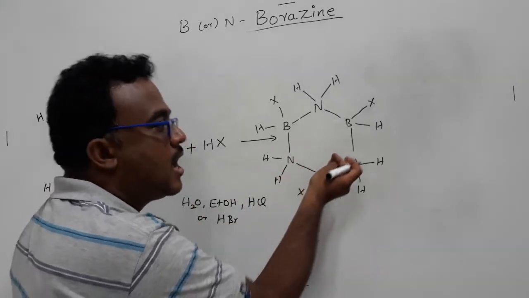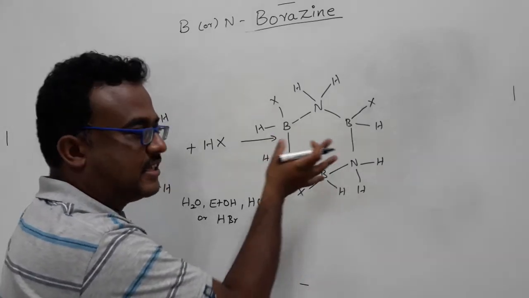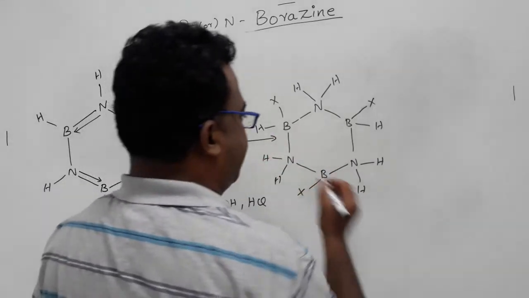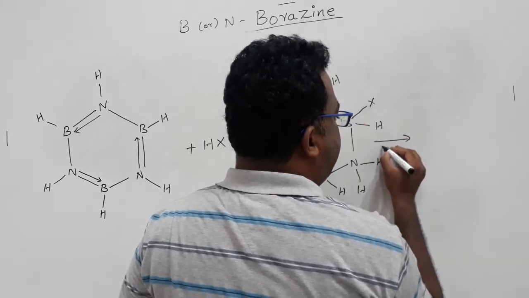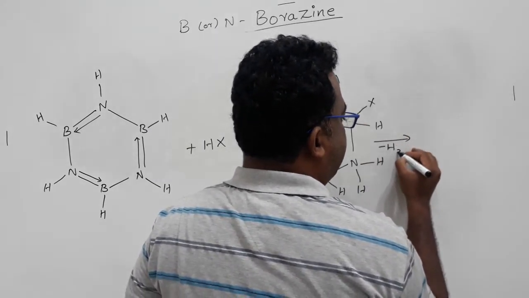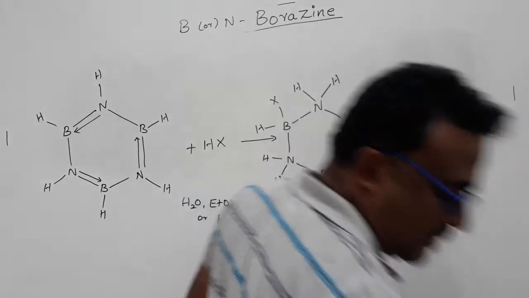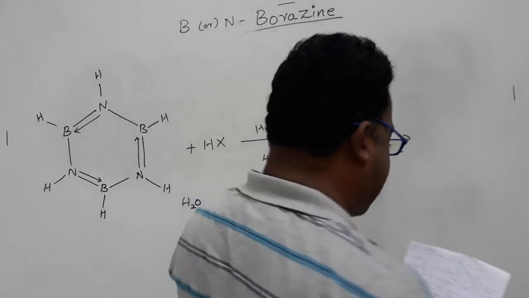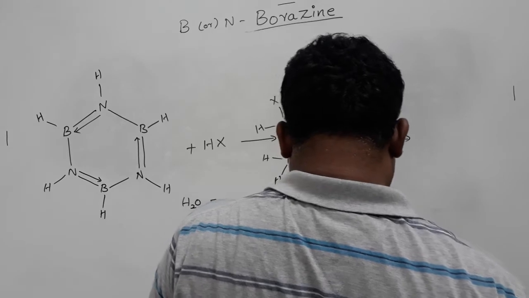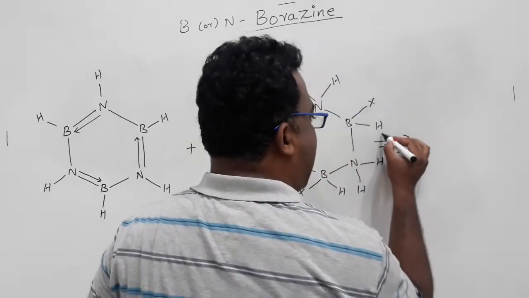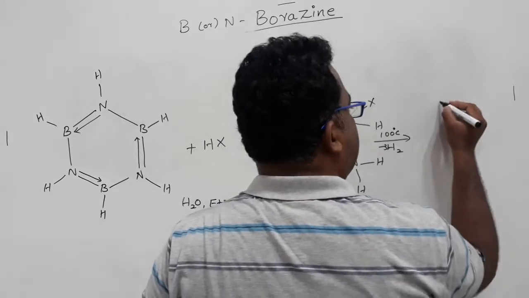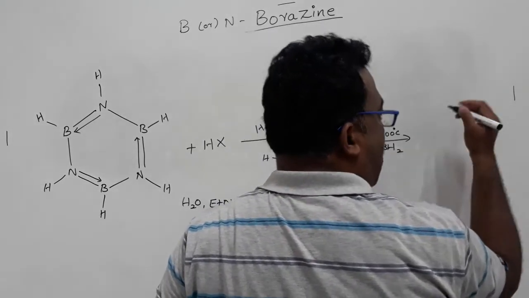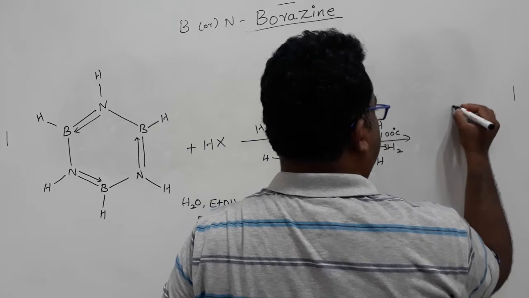Inorganic saturated hydrocarbon-like derivatives can be obtained, which on removal of hydrogen gas, for example if it loses 3 moles of hydrogen gas by heating at 100 degrees Celsius, you can get again re-aromatized borazine.